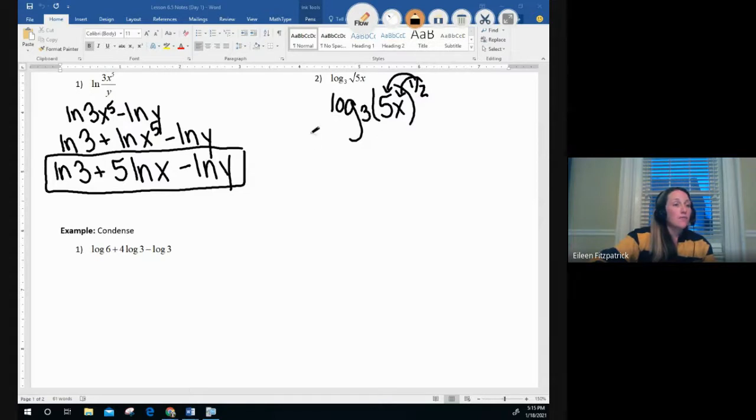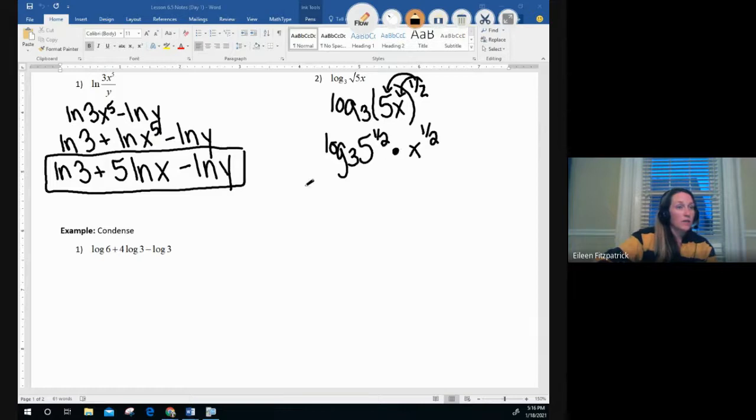Hold on a second, I wrote the wrong thing. Let's start that part over. I'm distributing the 1/2. So log base 3 of 5 to the 1/2 times x to the 1/2. Then I would break apart the multiplication.